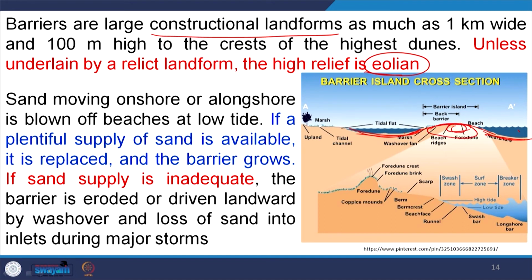Its height is hundreds of meters, its length is hundreds of kilometers, and its width is about 1 kilometer or more. At the top part of this barrier, free sand is there that can easily be moved by wind or nearshore wind action.